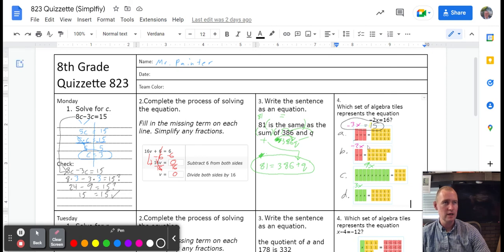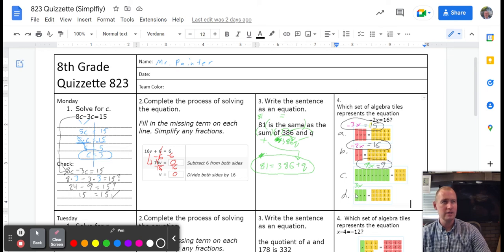For B, we have negative 2x equals, count the tiles again. I have 5 rows of 3 plus an extra one, so that one's going to be negative 2x equals 16. C, we have 9x equals 1, 2, 3, 4, 5, 6, 7, 8, 9. 9x equals 9.